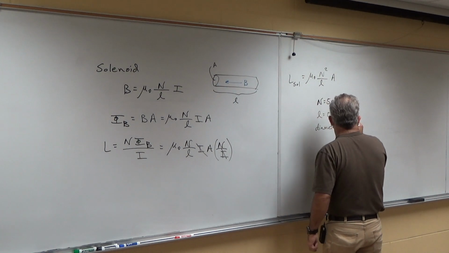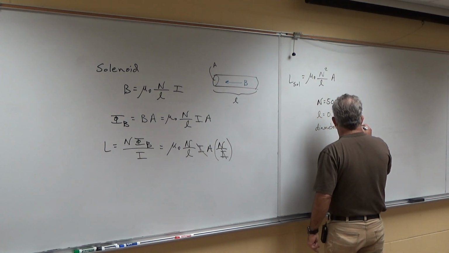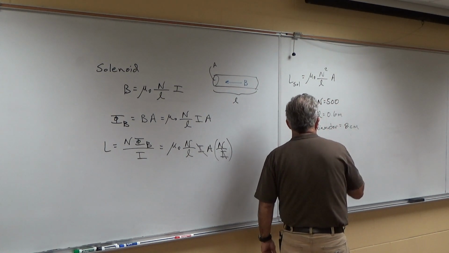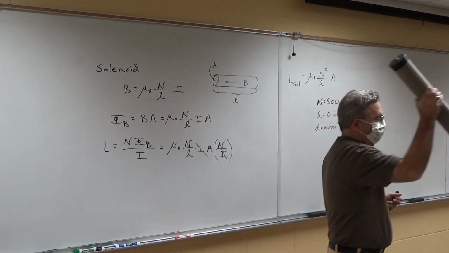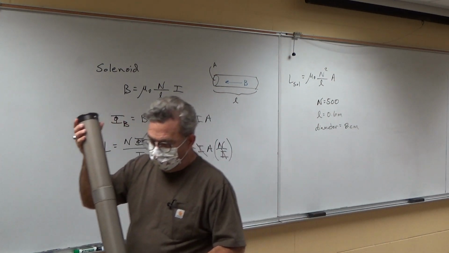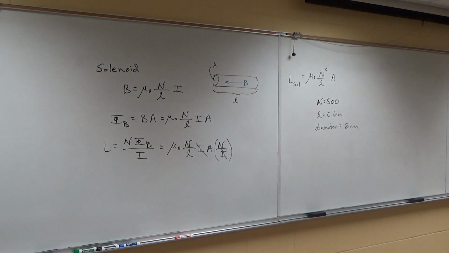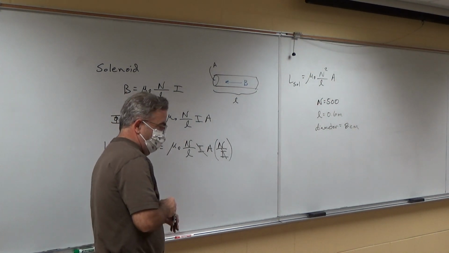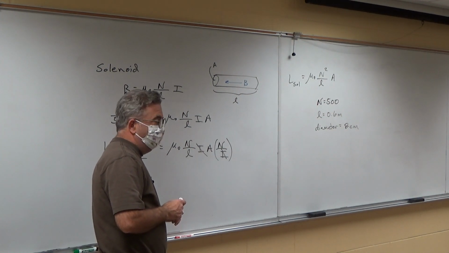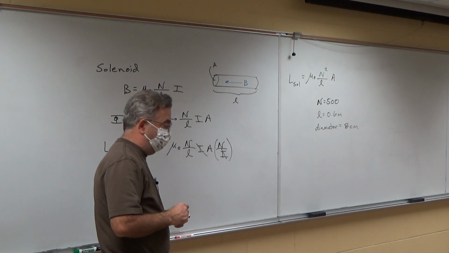Diameter is 8 centimeters. What else do I need? That's it. I don't even know if this old thing still works, but it probably does. In real life, the solenoids can be oriented any way.